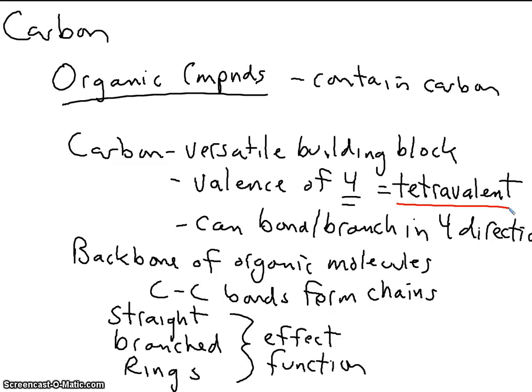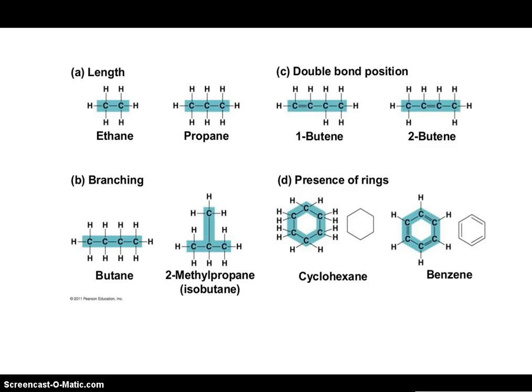It forms the backbone of organic molecules. The carbon-carbon bonds can form chains that can be straight, branched, or rings. And depending upon the shape, it's going to affect the function and how they interact, whether or not it's in an aqueous solution or whether it's dry. And so if we look at this next picture here, here are some examples of just hydrocarbons.